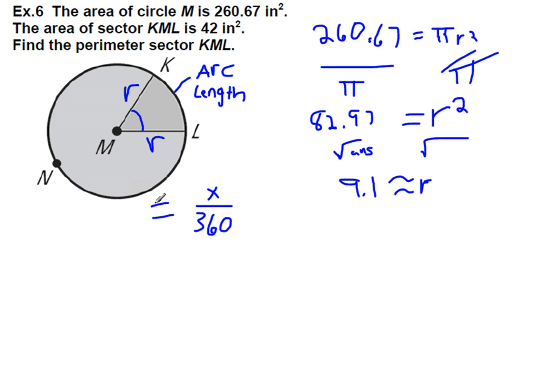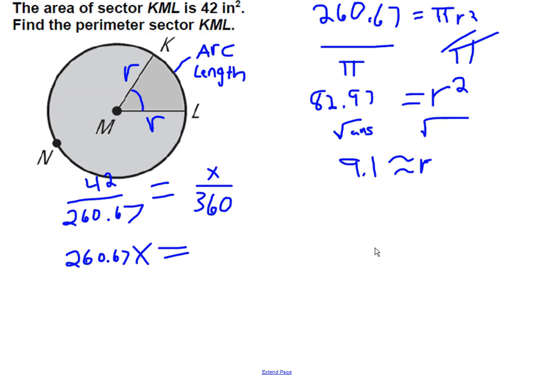On the other side, I know both of these areas, 42 and 260.67, and so I should be able to cross multiply to figure those out. So 260.67 times x equals 42 times 360, which is 15,120.